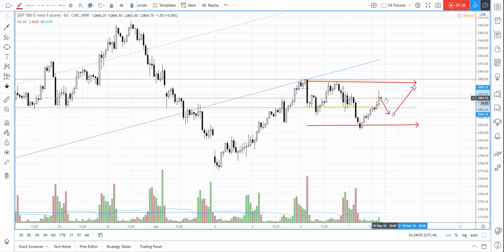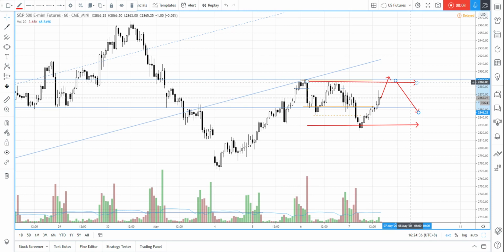However, if it just continues to inch up or jump up to 2880 to 2900, then I can probably anticipate a short entry if it gets rejected there. So this is the kind of trade that I'm looking for. Whether it's a long entry or a short entry, it doesn't really matter to me. What matters is the price action, whether there is a clear or clean setup for me.